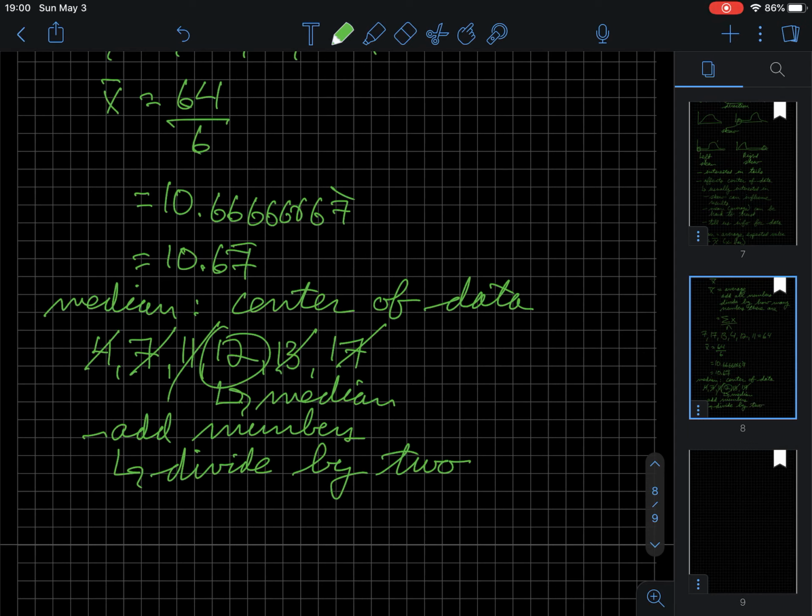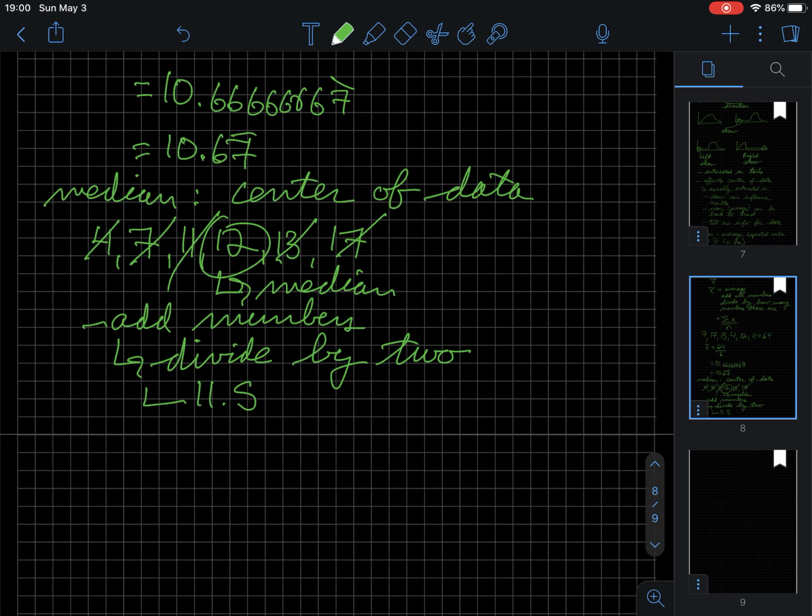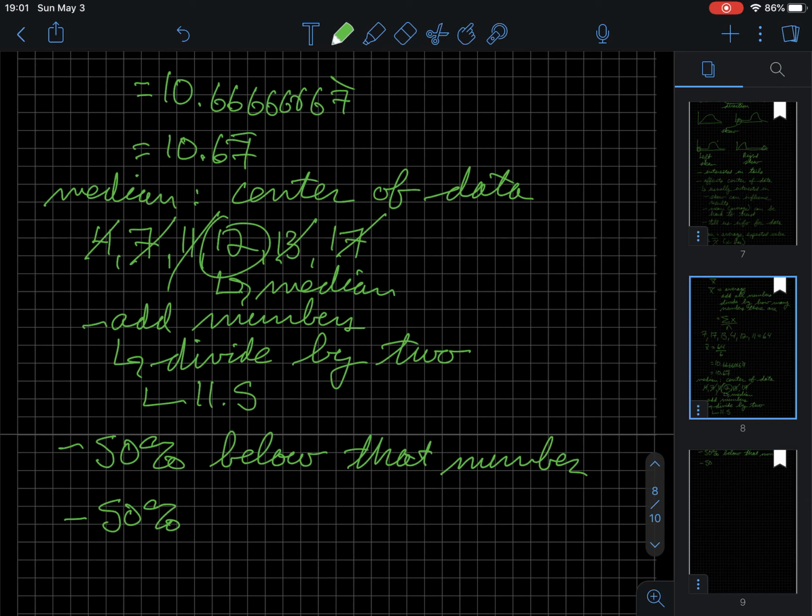It's going to be 11.5. So the median may be 11.5. Point being, this is the actual center of the data, and the point of that is that there's going to be 50% below that number and 50% above the number.